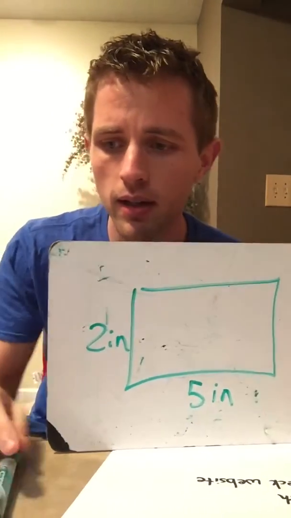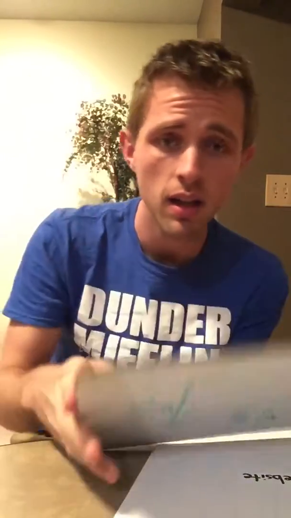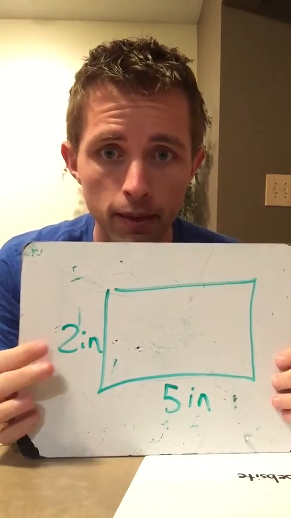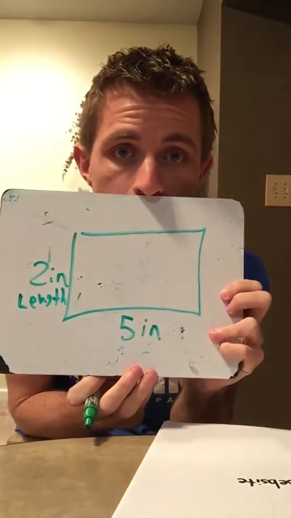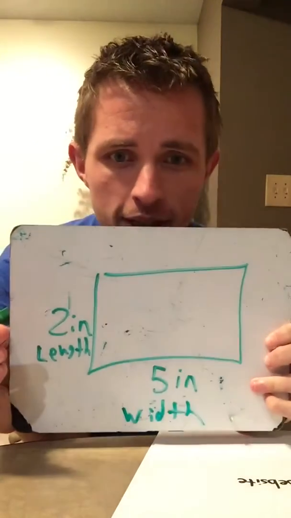Now remember, length is how tall, width is how wide. Length is how tall, width is how wide, right? So which one would be the length? The 2 inches, right? The 2 inches would be the length, and which would be the width? Automatically that has to be the 5 inches, right? So the width would be the 5 inches.